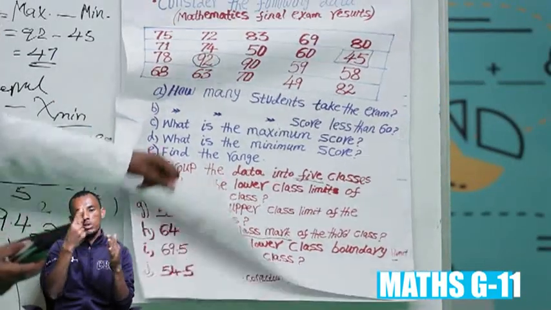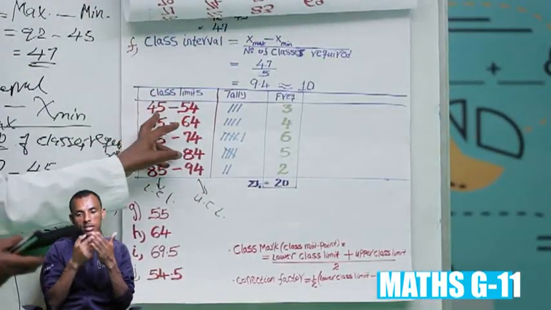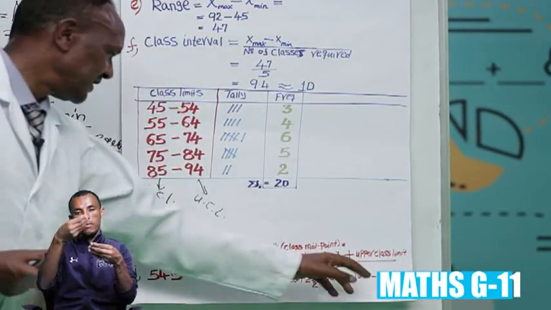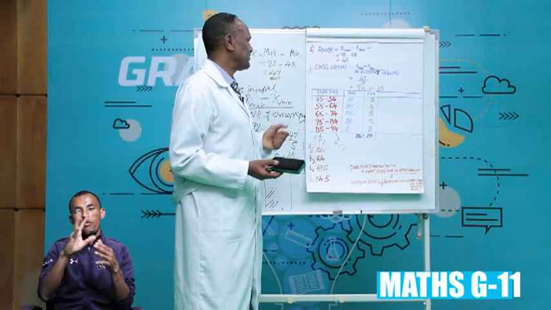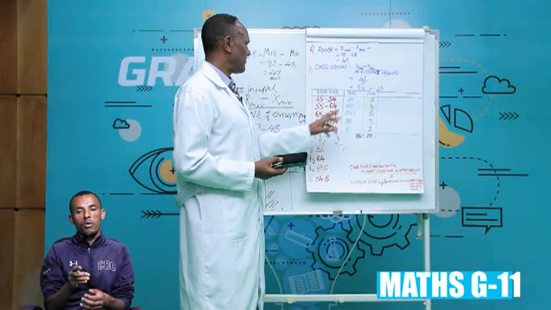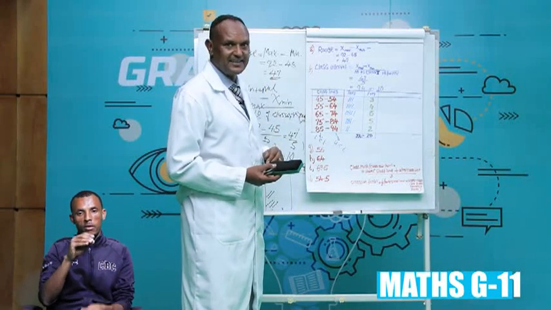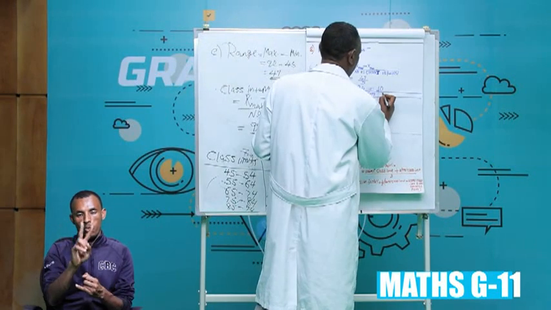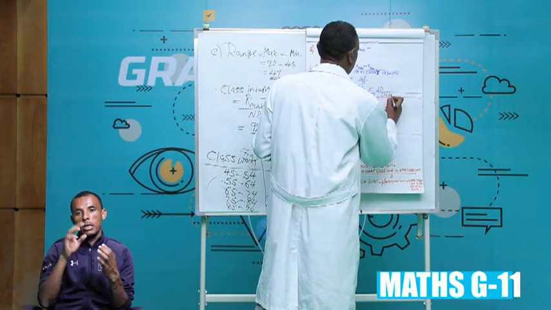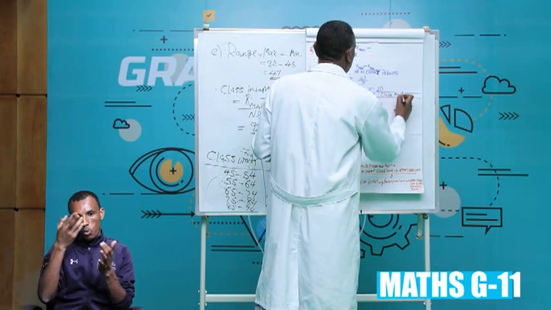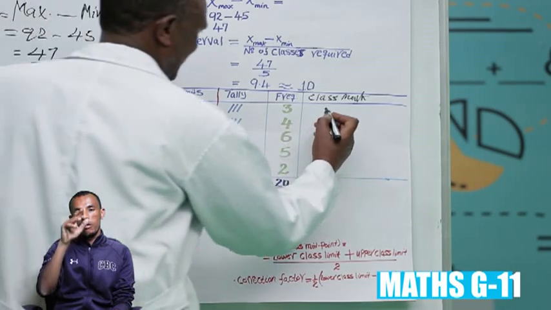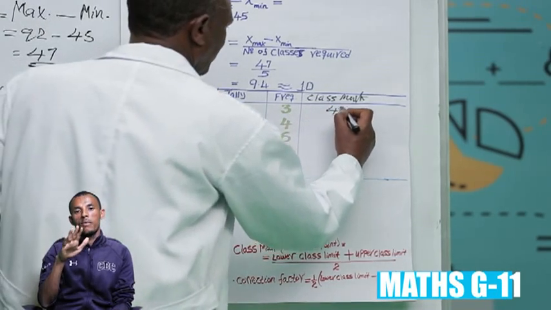In this class, the average of the 2 values gives the class mark, or class midpoint. 45 plus 54, 99, divided by 2, gives the class mark. When 99 is divided by 2, you have 49.5.